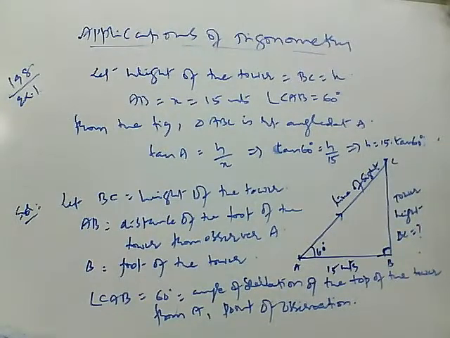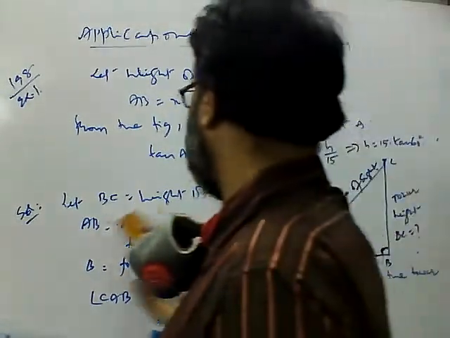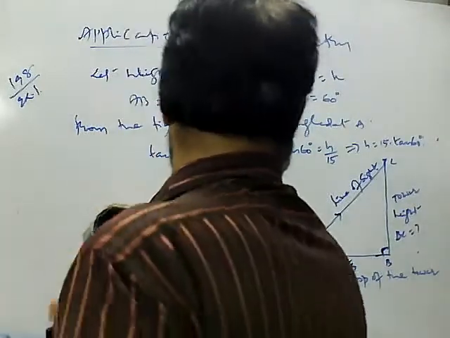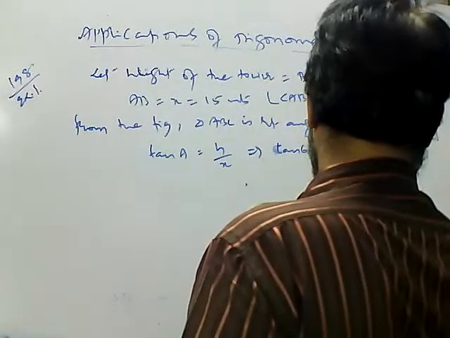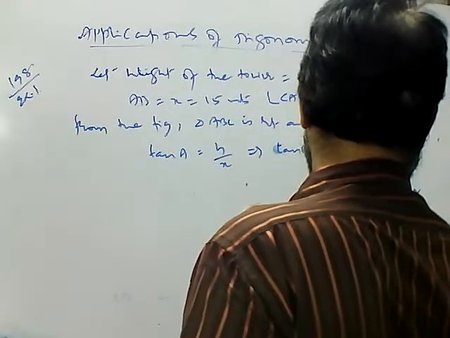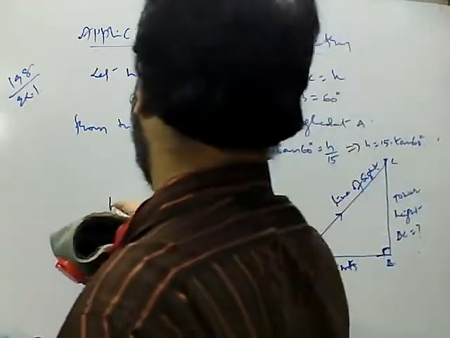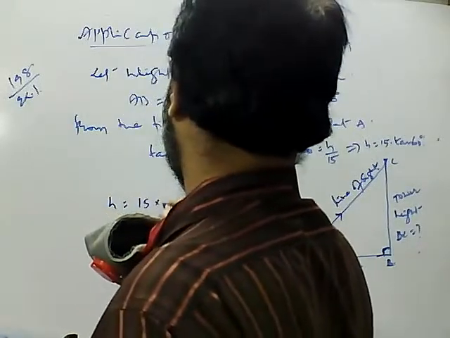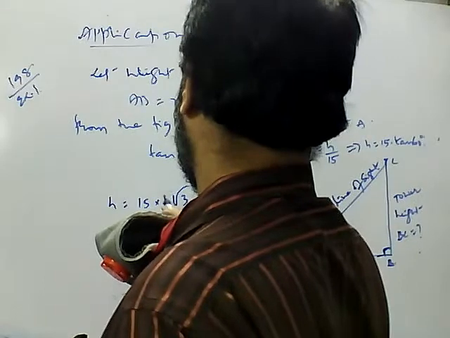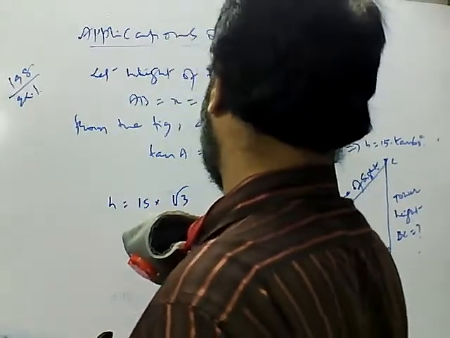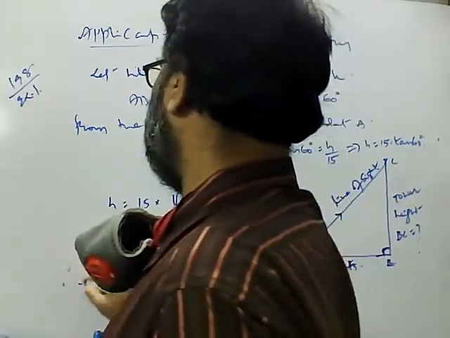Noted? Now what can you say from here? h is equal to 15 into tan 60, which means root 3. That is equal to 15 root 3 meters. If you are given the root 3 value, substitute it; otherwise you can leave it like this.